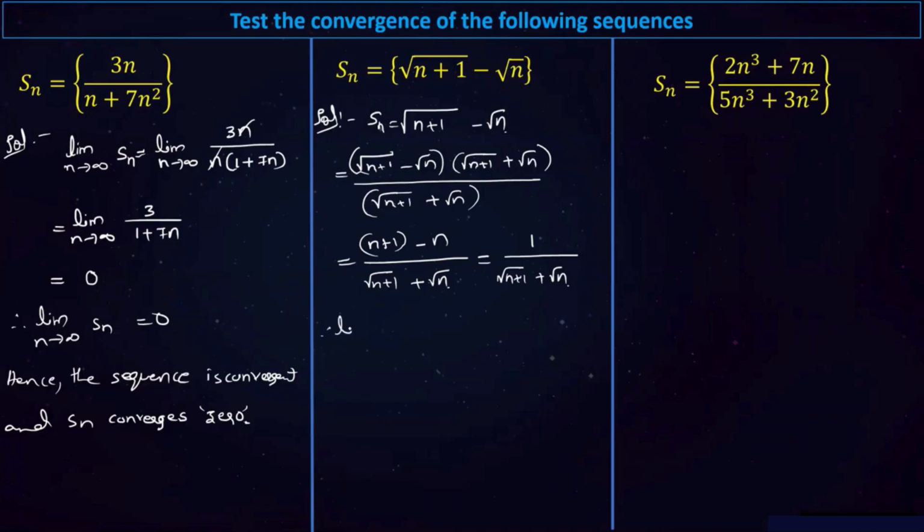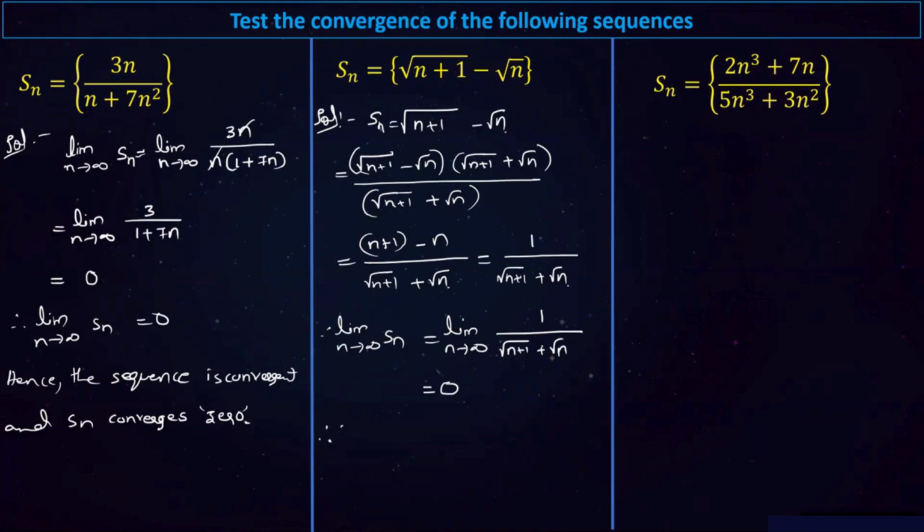So therefore, limit n tends to infinity Sn is equal to limit n tends to infinity of 1 divided by root of n plus 1 plus root n. Now see, if you take n tends to infinity to this particular function here, what happens? As n tends to infinity, clearly this denominator approaches infinity only. That's how you will get this as again 0 only. So as n tends to infinity, again Sn approaches 0.